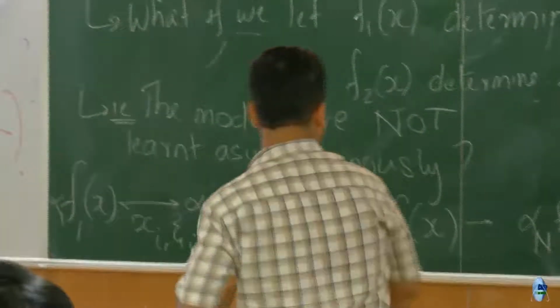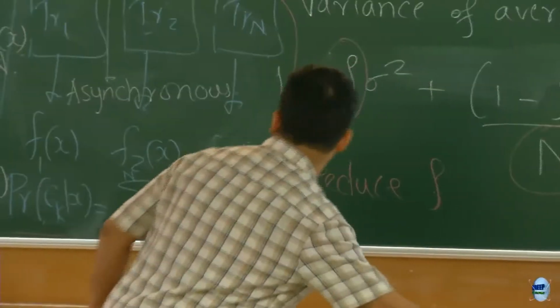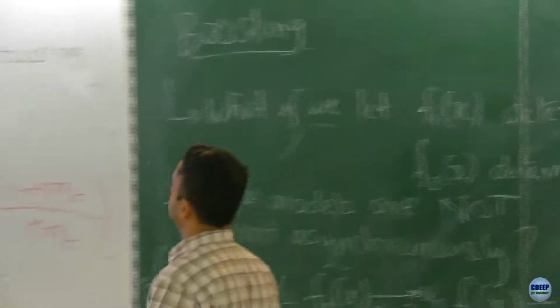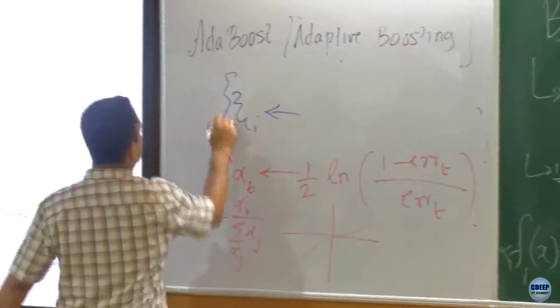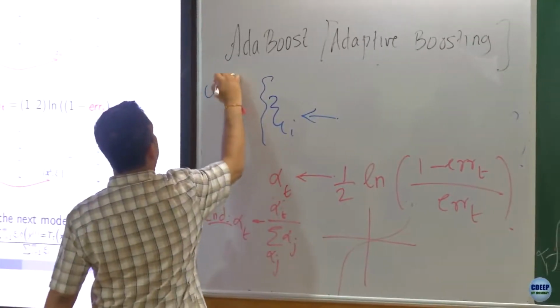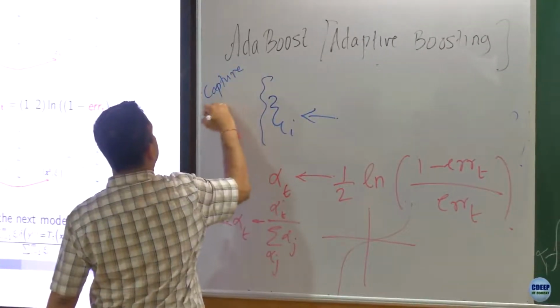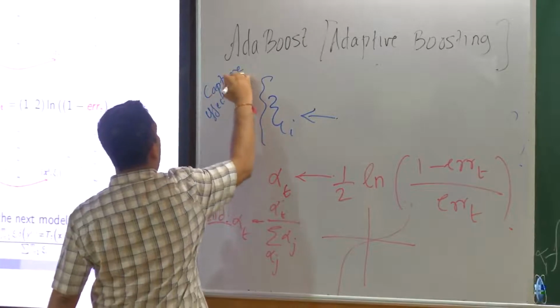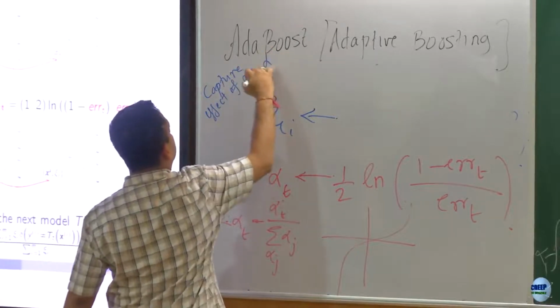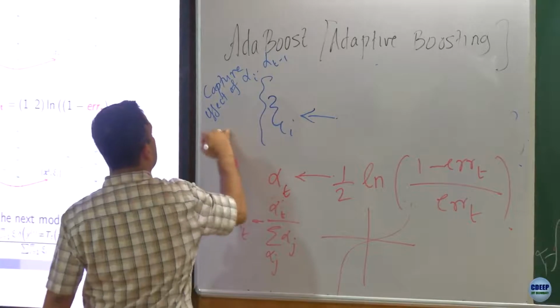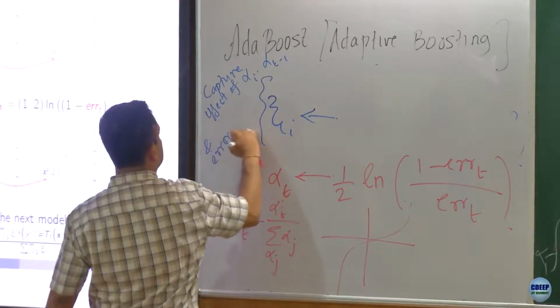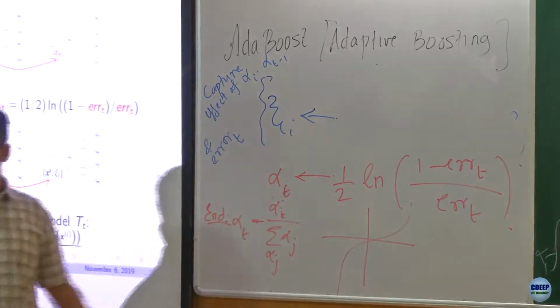So again, I'll recap. What did we need? We need the xi to capture the effect of all models so far, right, alpha 1 to alpha t minus 1, and the error at the tth step. That's what we wanted.